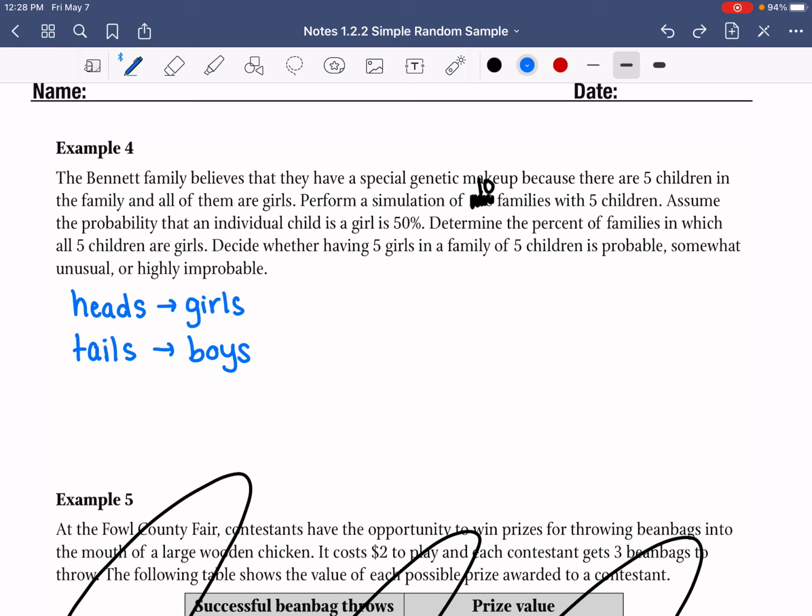So I'm just going to write down how many girls are in each family. My girls is my number of heads. I'm taking my pennies. My first one, I have 1, 2, 3, 4 girls. So I have 4 girls in my first family. I'll do it again. I have to do it 10 times. My next family has 2 girls.